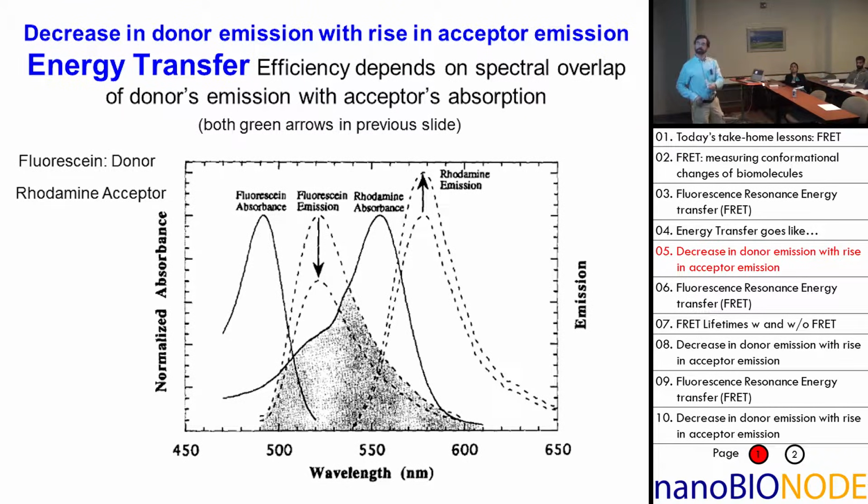And then, of course, it emits. The normal fluorescein fluorescence is, let's say, this big. But when it's undergoing energy transfer, it's giving up some of that energy and not emitting, so its emission will go down.